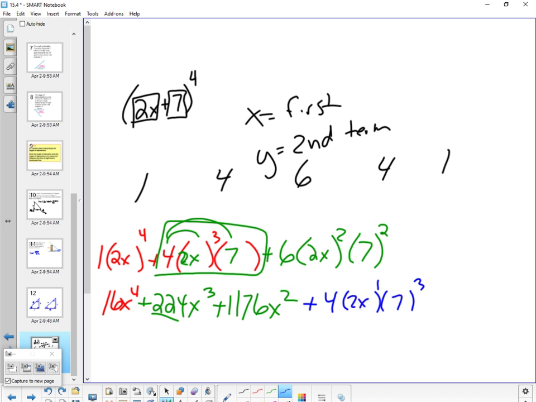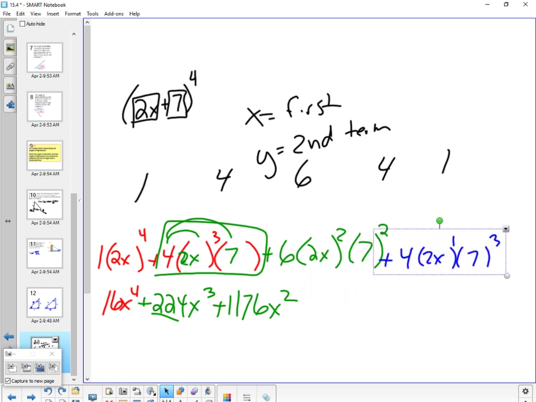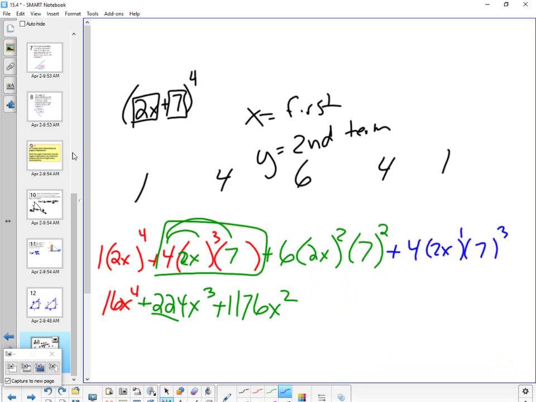So I've got 7 to the third times 4 times 2. I should have done it at the top. This should have been here. And this is going to become 2744x. Right?